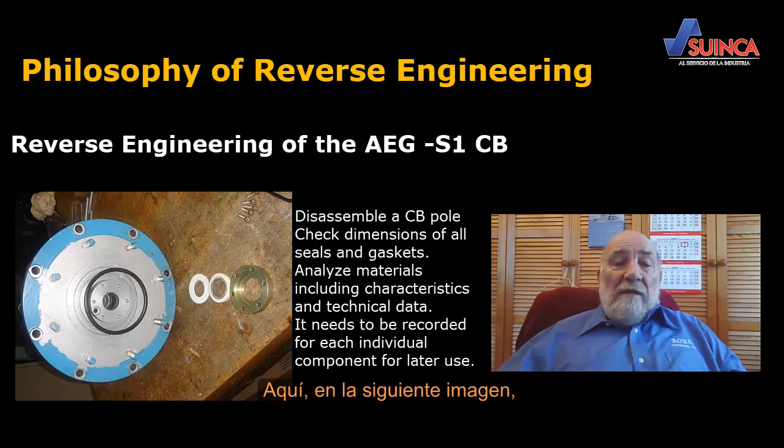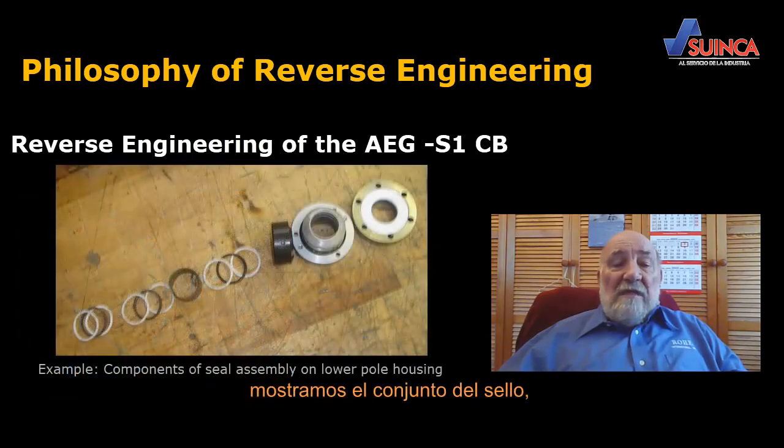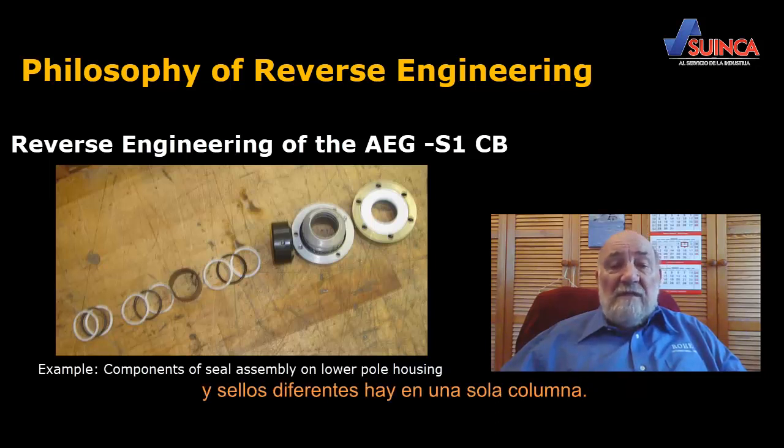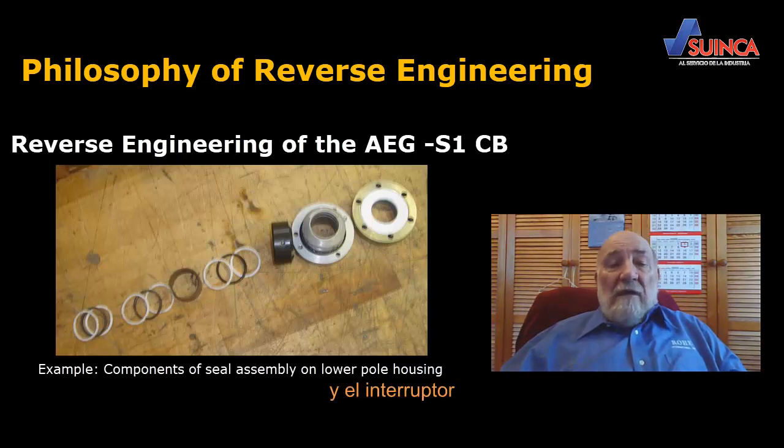Here on the next picture we show the seal assembly, just to give you an idea of how many different components and seals are in a single column and interrupter of a circuit breaker.